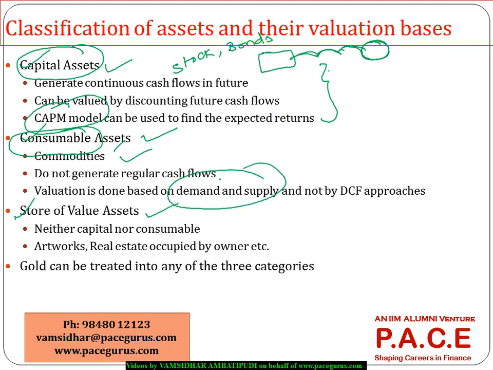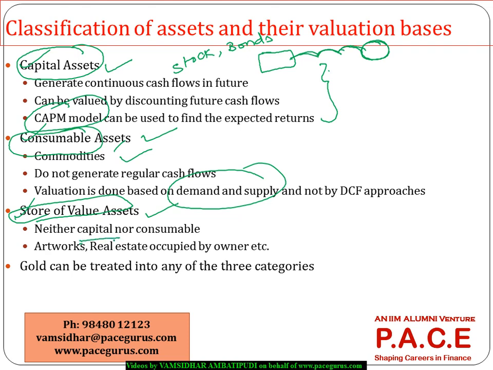It has to be purely done based on demand and supply, which means for most commodities, the pricing is purely done based on demand and supply, and no DCF model can be used for pricing the commodities.